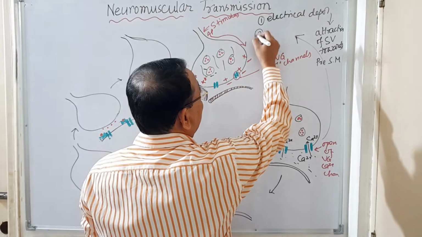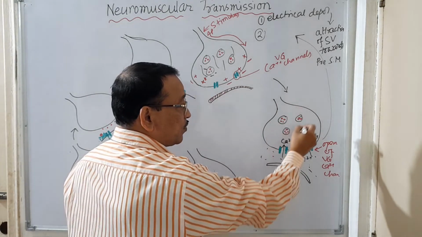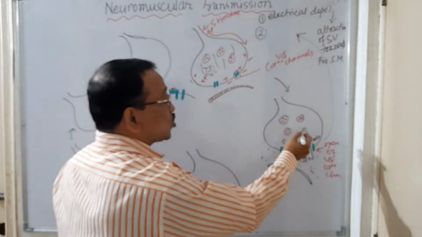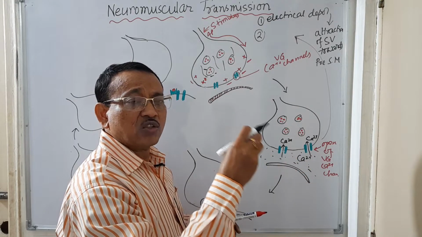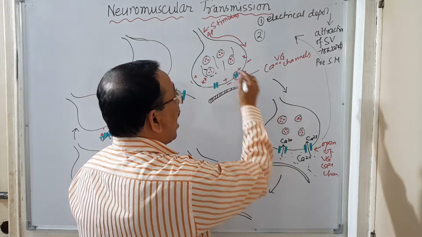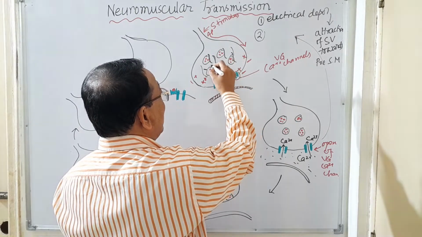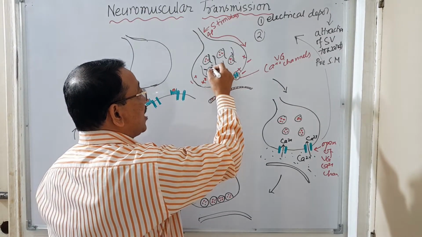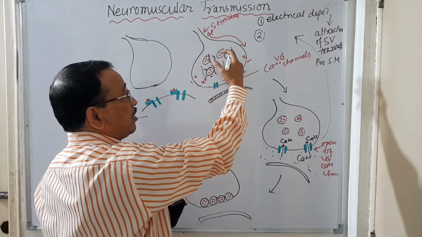Number two, what's happened? Once this calcium ion enters inside the cytoplasm of the synaptic terminal, it phosphorylates some proteins which actually act as a glue. Normally, synaptic vesicles are attached on the microfilaments of the cytoskeleton of the synaptic terminal.